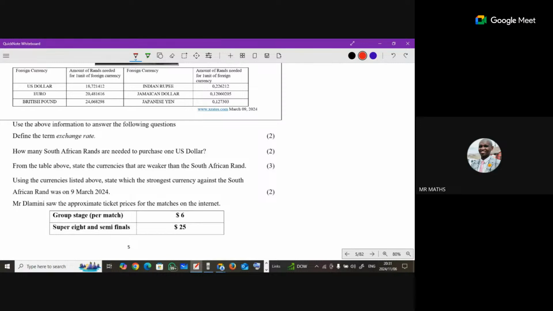I think maybe something similar, because when we speak of exchange rate, we speak of the value, not the cost. The value of a country's currency compared to other countries' currencies. That's the exchange rate. Are we together?